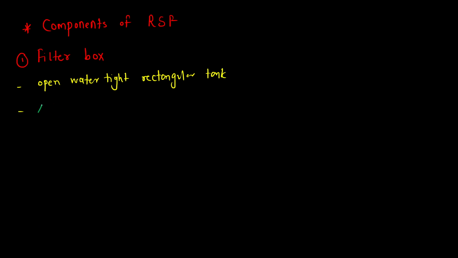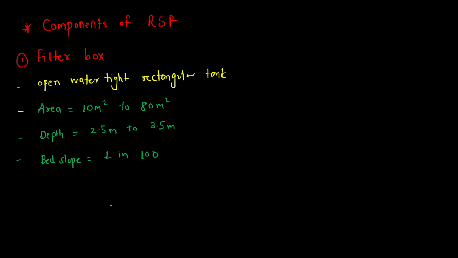Area is 10 meter square to 80 meter square. Then depth 2.5 meter to 3.5 meter, and bed slope is 1 in 100. So these are the specifications for the rapid sand filter filter box.